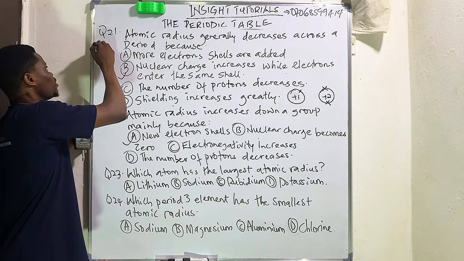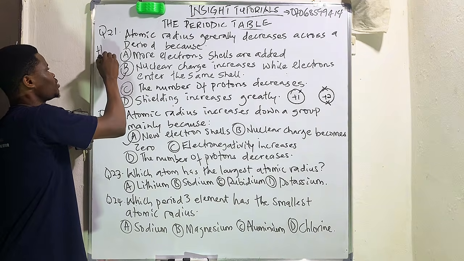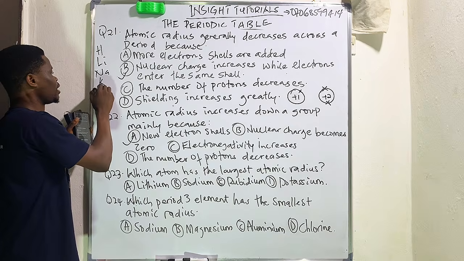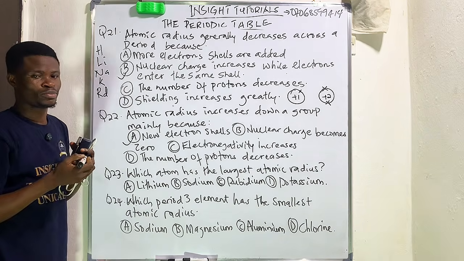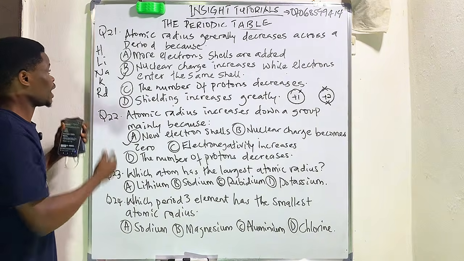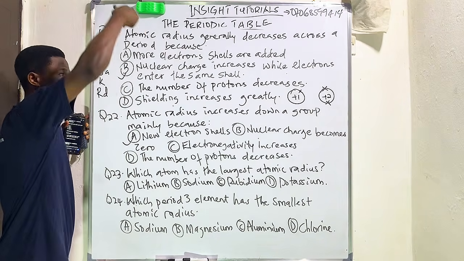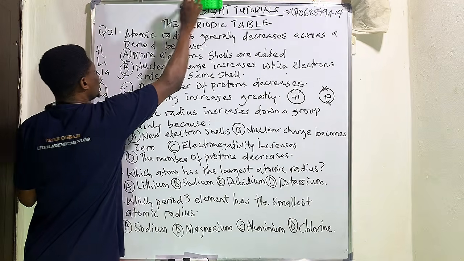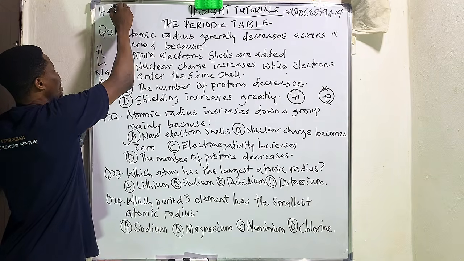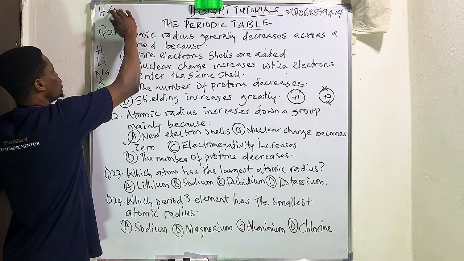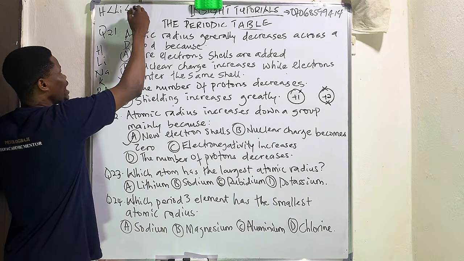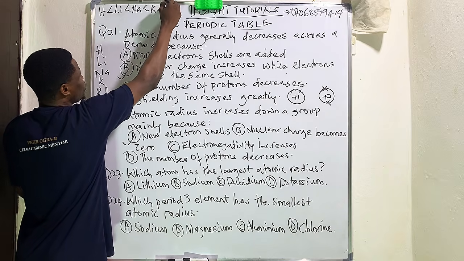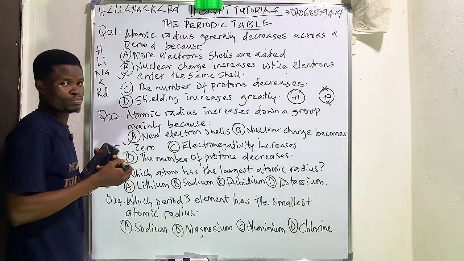Okay, let's start with this. The first element here is hydrogen, seconded by lithium. Third is sodium. Then we have potassium, and then rubidium. So if atomic radius is increasing down the group, it means that hydrogen is less than lithium, and lithium is less than sodium, and sodium is less than potassium, and potassium is less than rubidium, right?